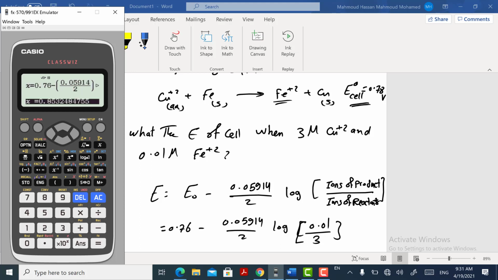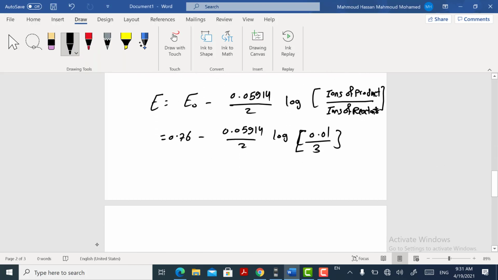Shift solve equals, so we'll find X equals 0.83. E equals 0.83 volt.